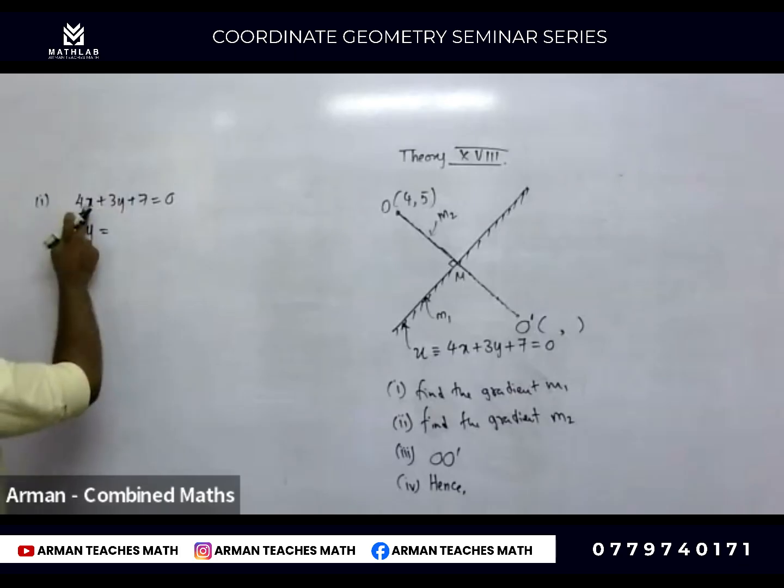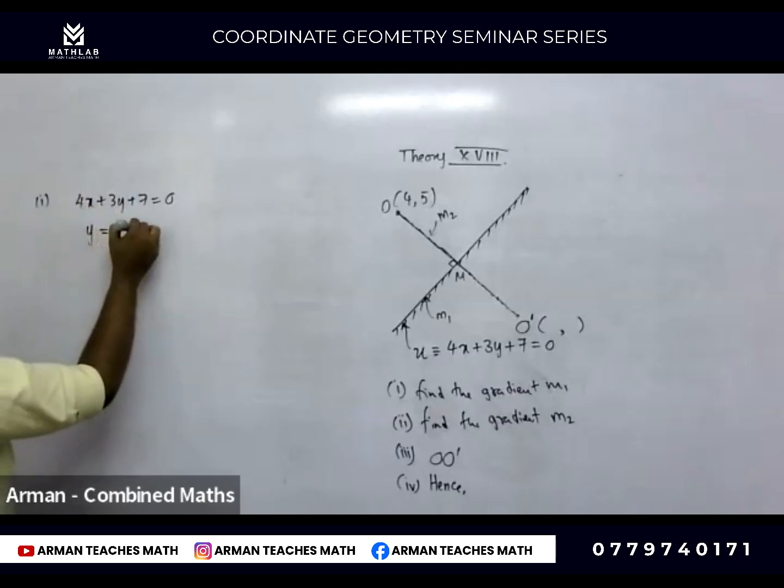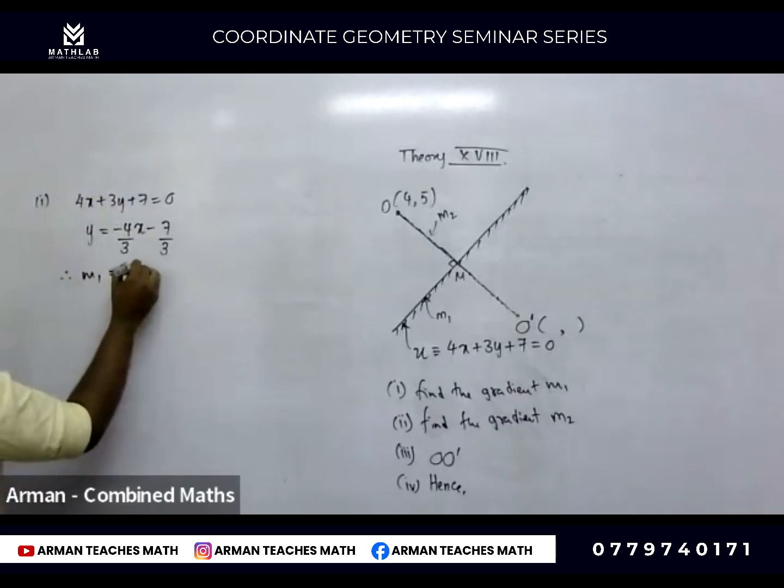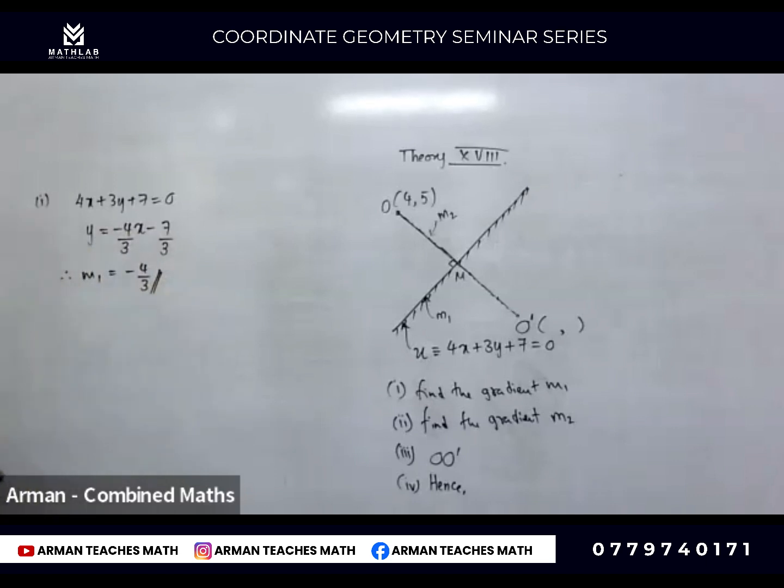Then you will have to take plus 4x to the other side, minus 4x minus 7. Divide both sides by 3, you will get minus 4 over 3 x minus 7 over 3. So therefore, m1 gradient is given by minus 4 over 3. No? The coefficient of x term is the gradient.